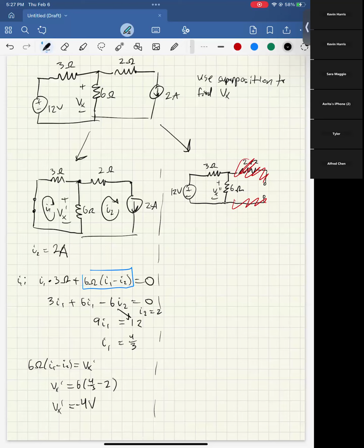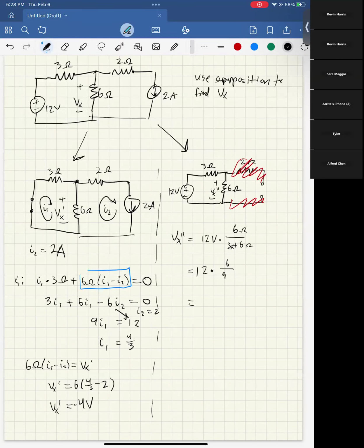Hopefully you've learned voltage division by now. So you can very simply find Vx prime prime equals that 12 volts times 6 over 3 plus 6. That would be 12 times 6 over 9, which is 2/3 of 12, and that would be 8 volts.